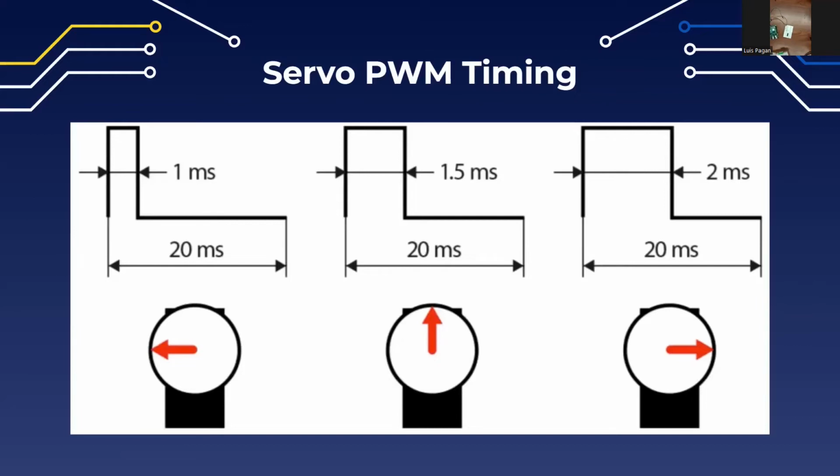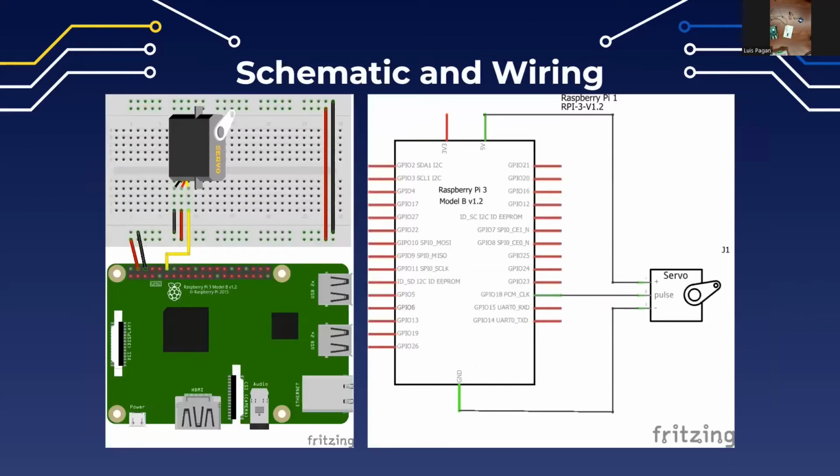Now I'm going to show you how to wire them up and control them. In terms of the schematic and wiring, it's going to be a little more straightforward, because you can plug it straight into the servo.